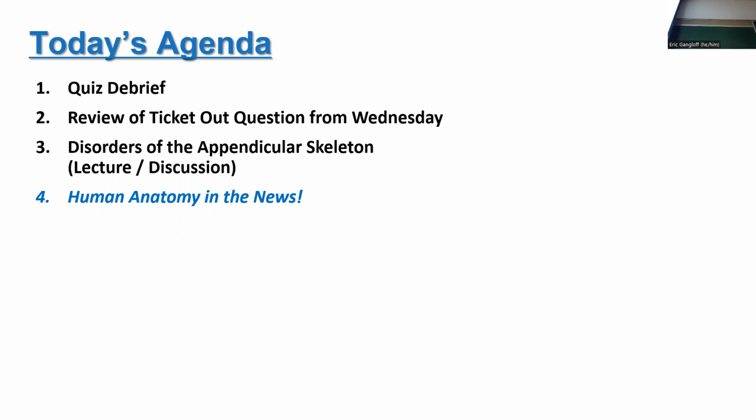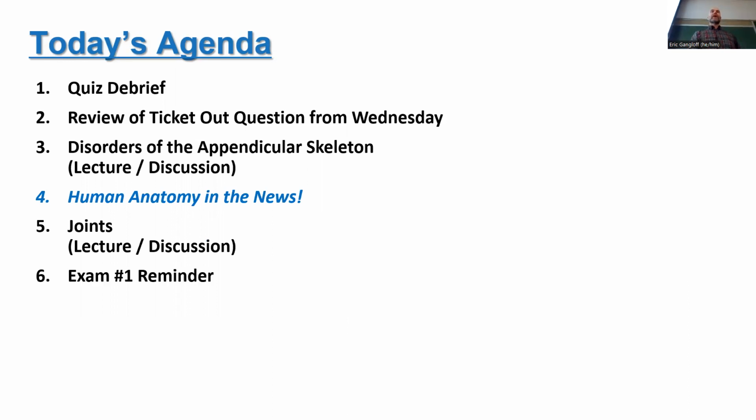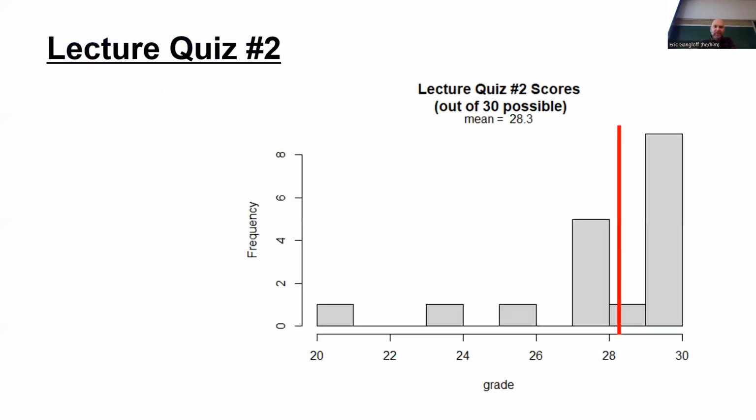Then we'll get into joints, and we'll see how far we get with this today. And this is perfect because this is what we'll cover in lab next week as well. And then I just have some reminders and your Friday Venn diagram. Notice there's no ticket out on there today, which is weird, but there's none. You're not submitting anything from class today.